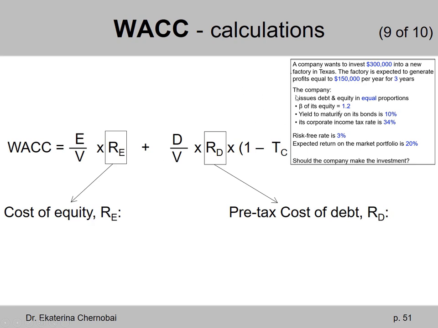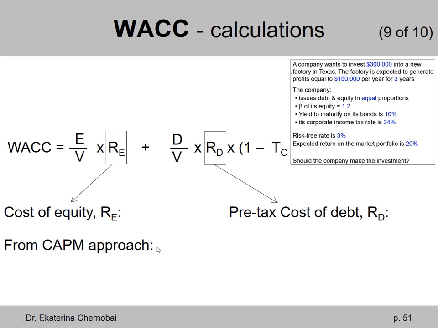What are we given about the common stock shares? The beta, the risk-free rate, and the expected return on the market. These three are part of the capital asset pricing model formula, which is the approach we can use to find the cost of equity.